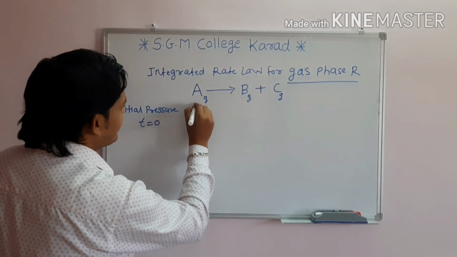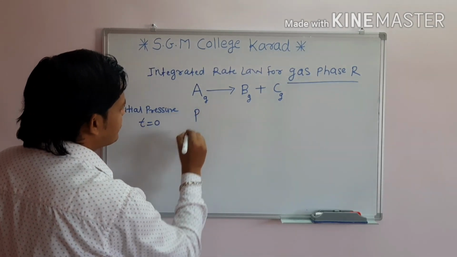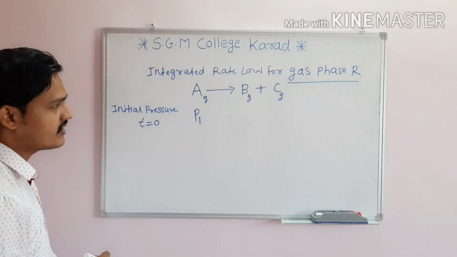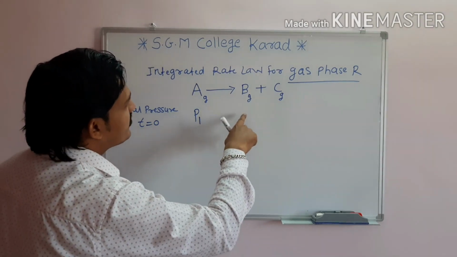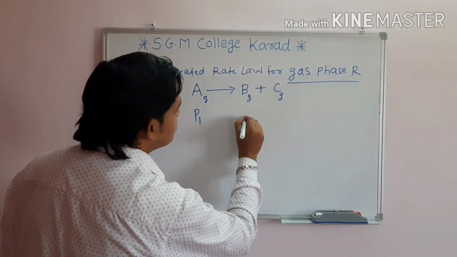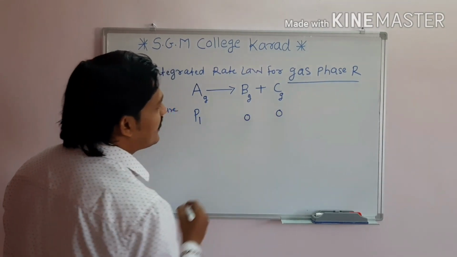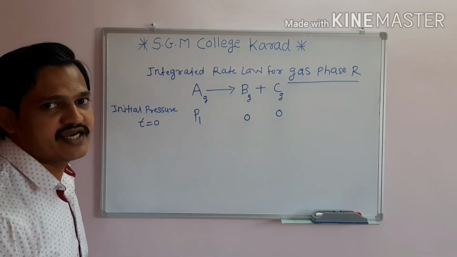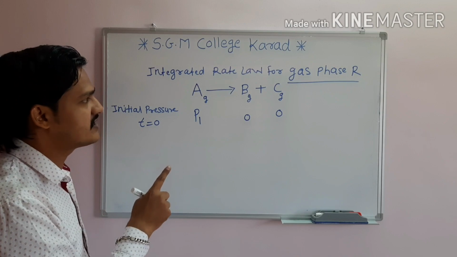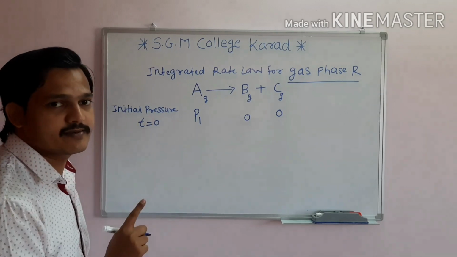Suppose I take the symbol of pressure as P. Initial means P1. Then what is the value of initial pressure of product? That is equal to 0, because the reaction has not started yet. Point to be remembered: in case of concentration we always write in the same manner.